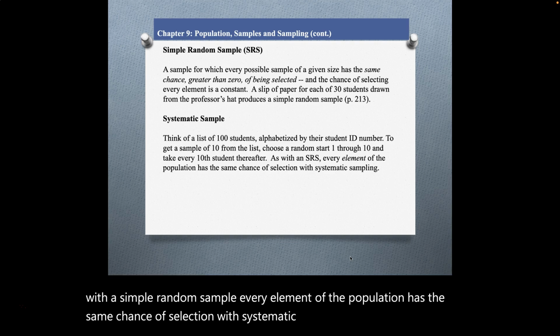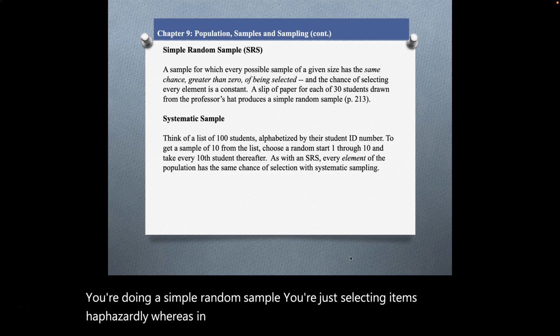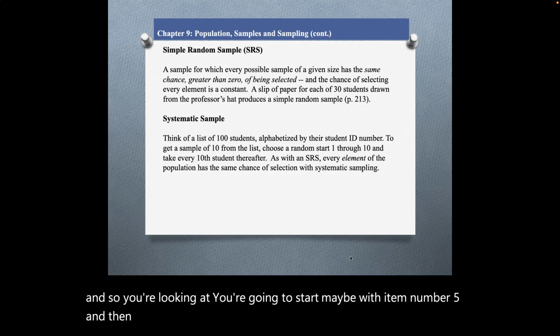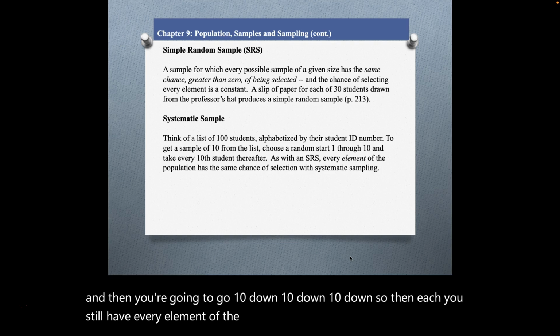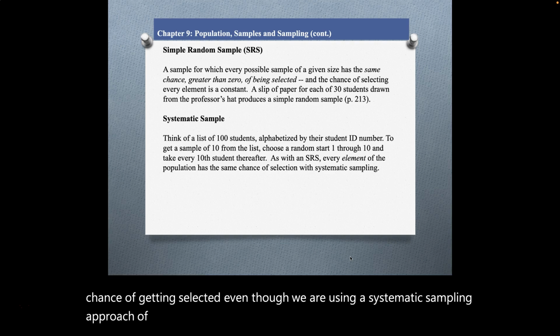The key is that in a simple random sample you're selecting items haphazardly, whereas in a systematic sample you're choosing every 10th. You might start with item number 5, and then go 10 down, 10 down, 10 down. Every element of the population still has the same chance of getting selected, even though we are using a systematic approach of selecting every 10th item.